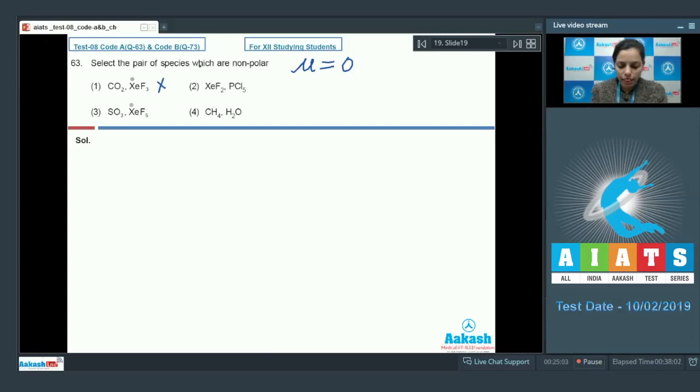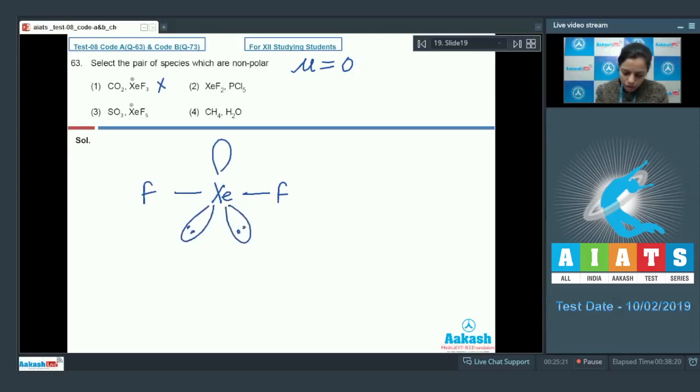Further. Next one is XeF2 and PCl5. If we talk about XeF2, in this case, there is a linear molecule, with the lone pairs. Overall, the net dipole moment for this molecule is 0 because this is a linear molecule.